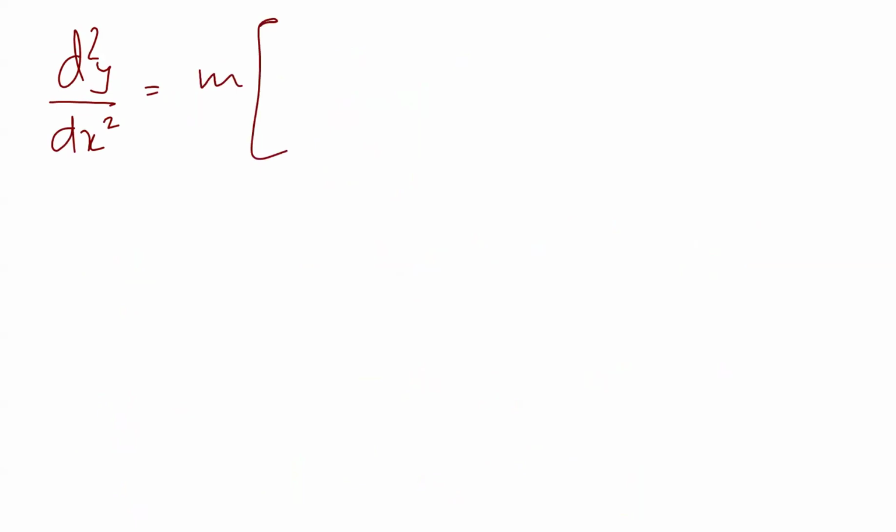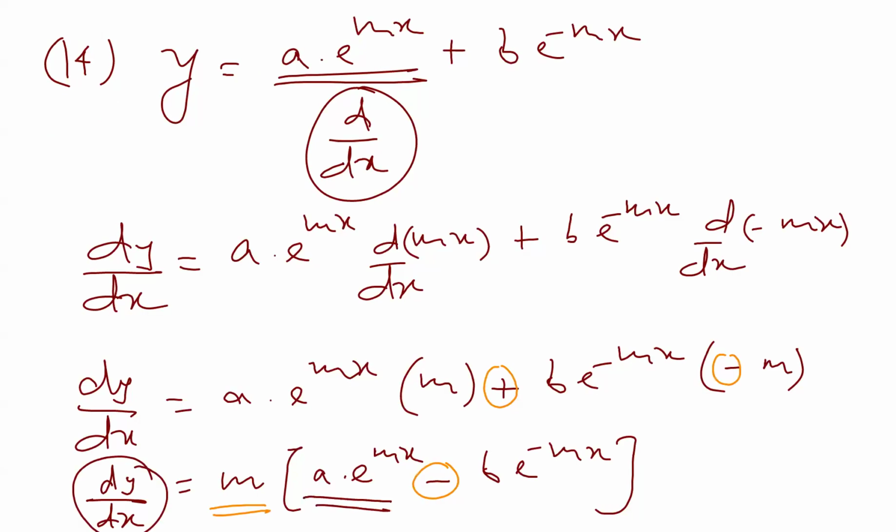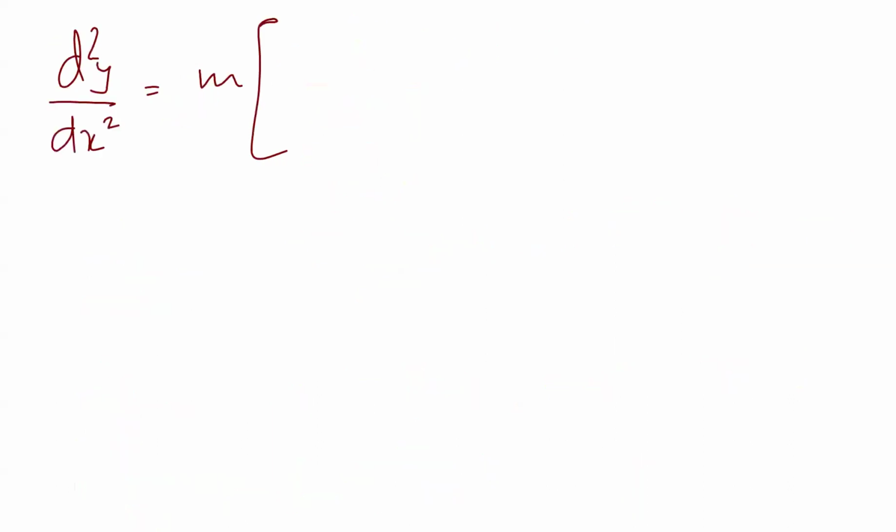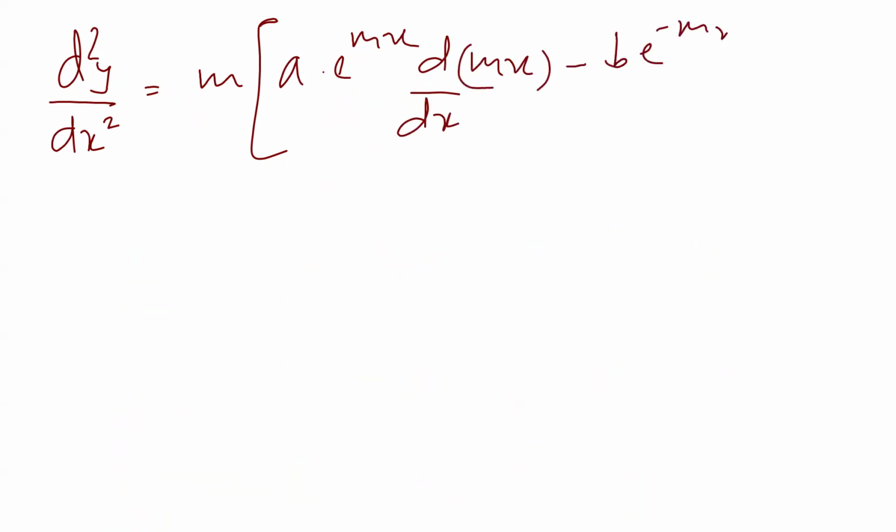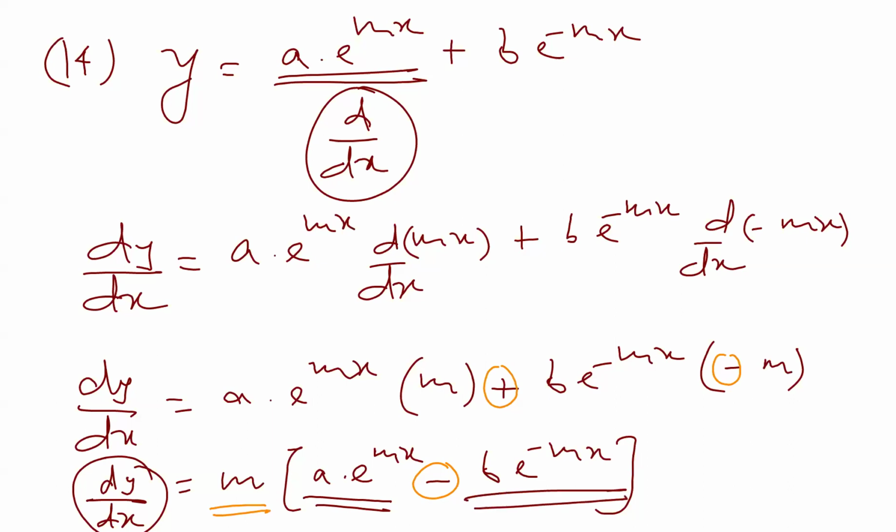Then again, derivative of a e raised to mx: a will remain as it is, e raised to mx into d by dx of mx. Then b e raised to minus mx into d by dx of minus mx, along with the chain rule.